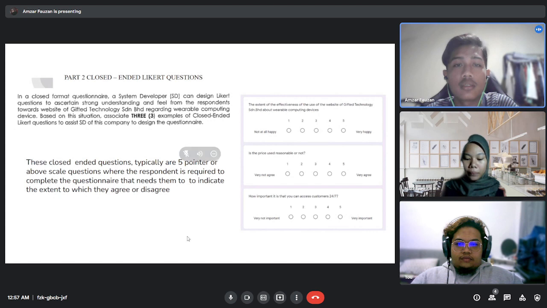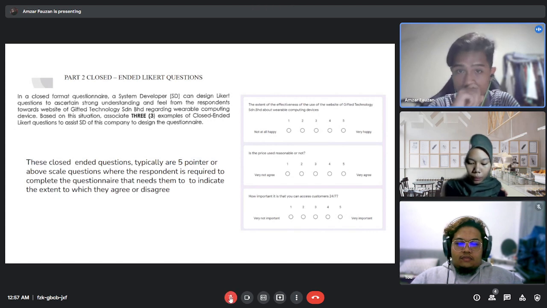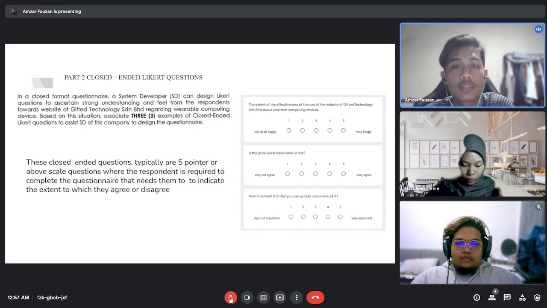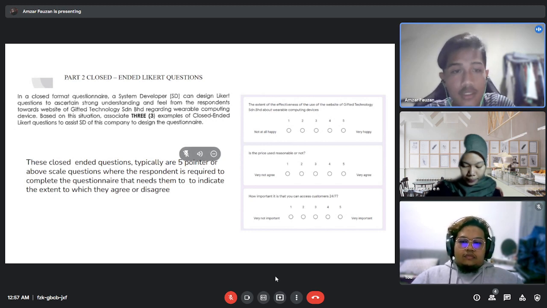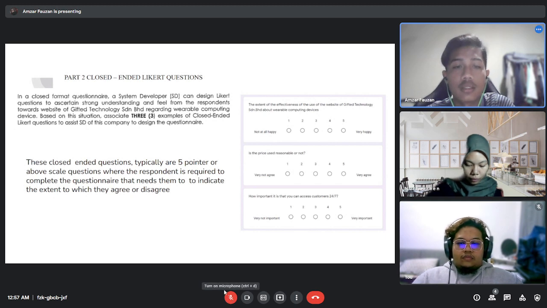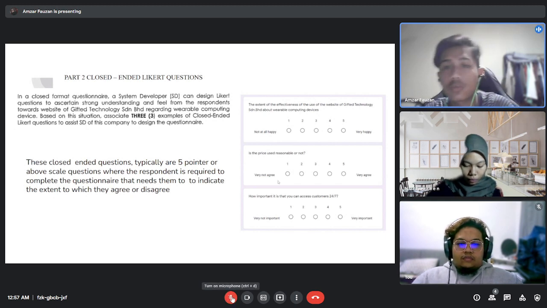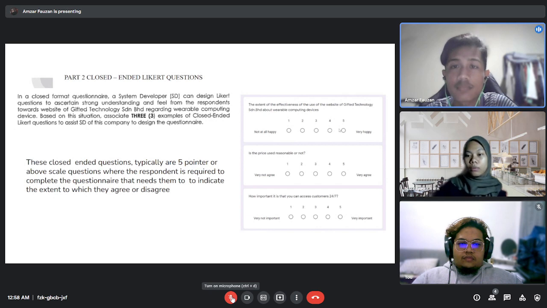Based on this question, execute 3 examples of close-ended Likert questions to assist the SD of this company to design the questionnaire. So these close-ended questions are typically 5-point or above scale questions where the respondent is required to complete the questionnaire that needs them to indicate the extent to which they agree or disagree. So this is the example of a close-ended Likert question.